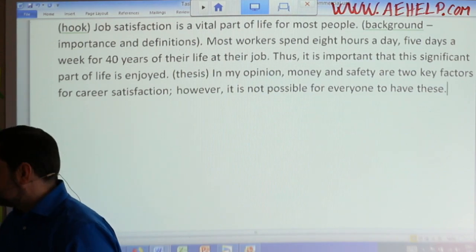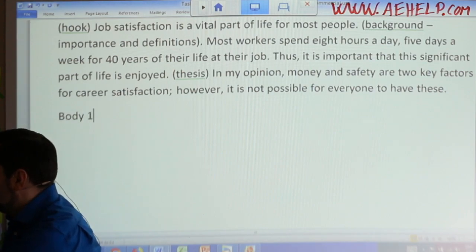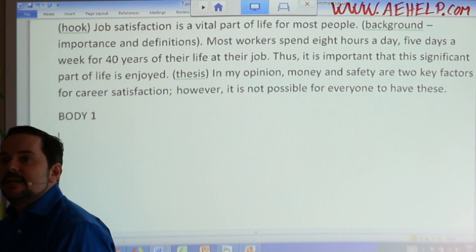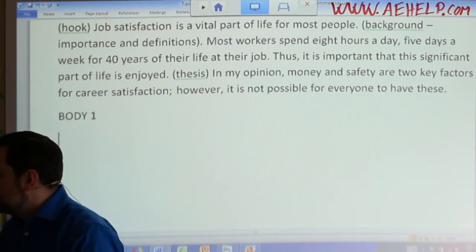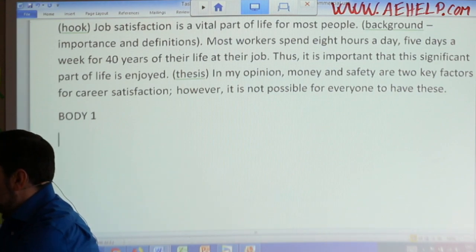All right. Great. So let's go to body paragraph 1. Okay. Body 1. Let's write the topic sentence. So we started with money. And we can begin with that.